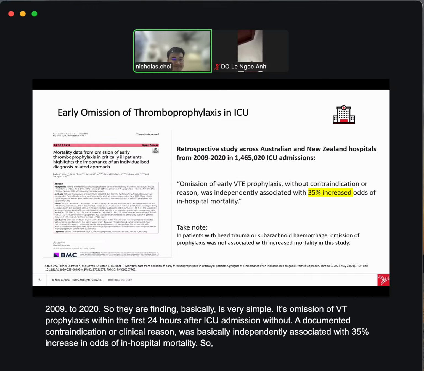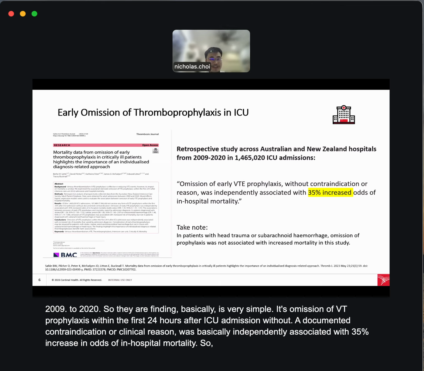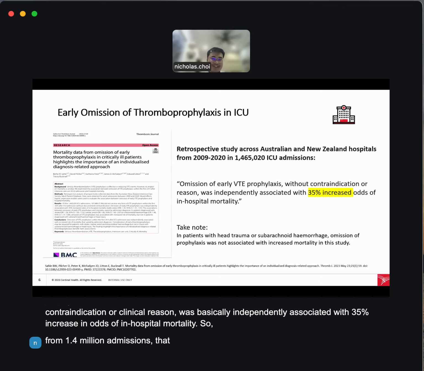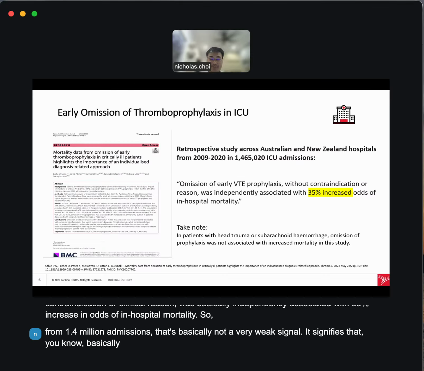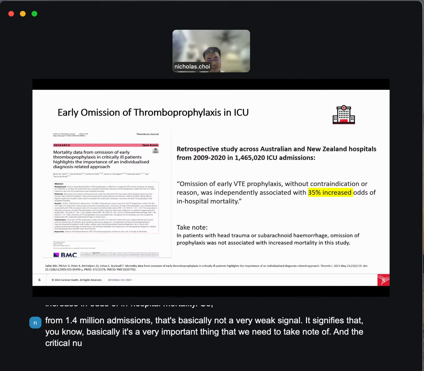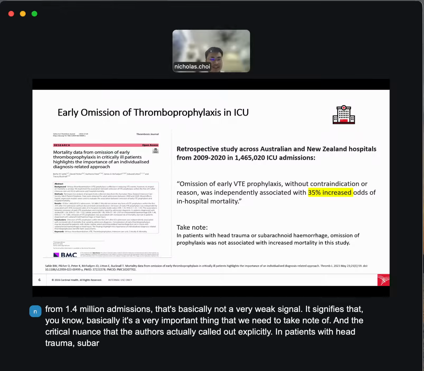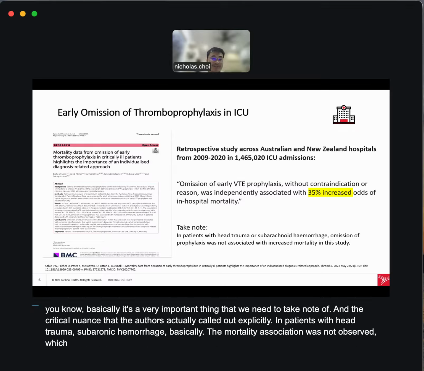From 1.4 million admissions, that's not a weak signal. It signifies that this is a very important thing that we need to take note of. And the critical nuance that the authors called out explicitly is that in patients with head trauma and subarachnoid hemorrhage, the mortality association was not observed, which makes clinical sense given the bleeding implications in those patients.